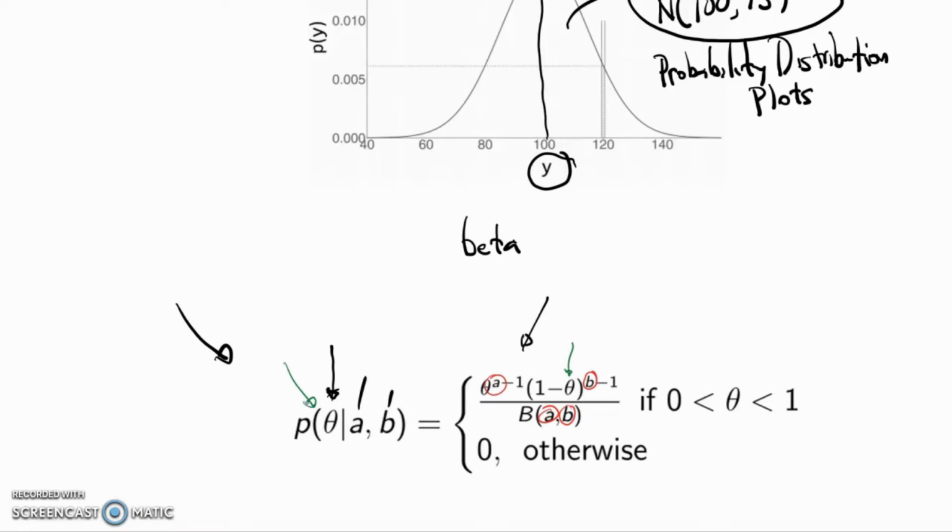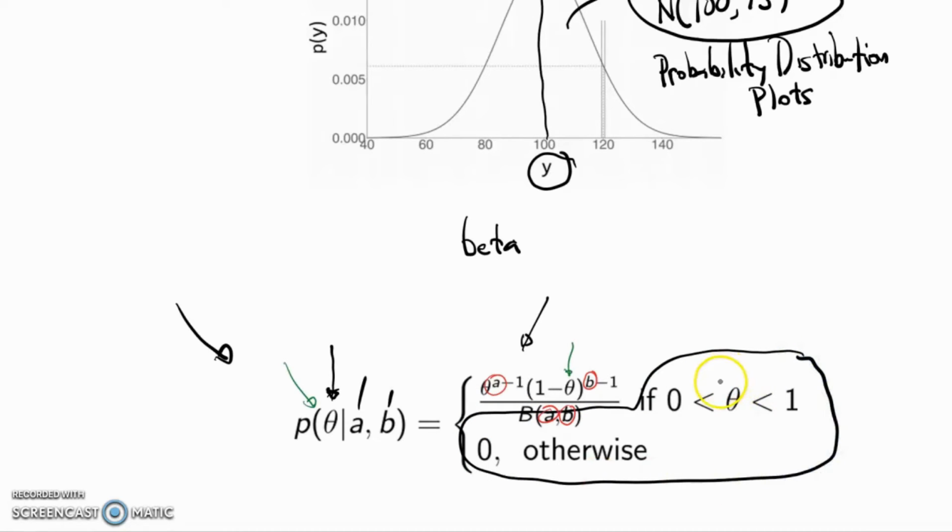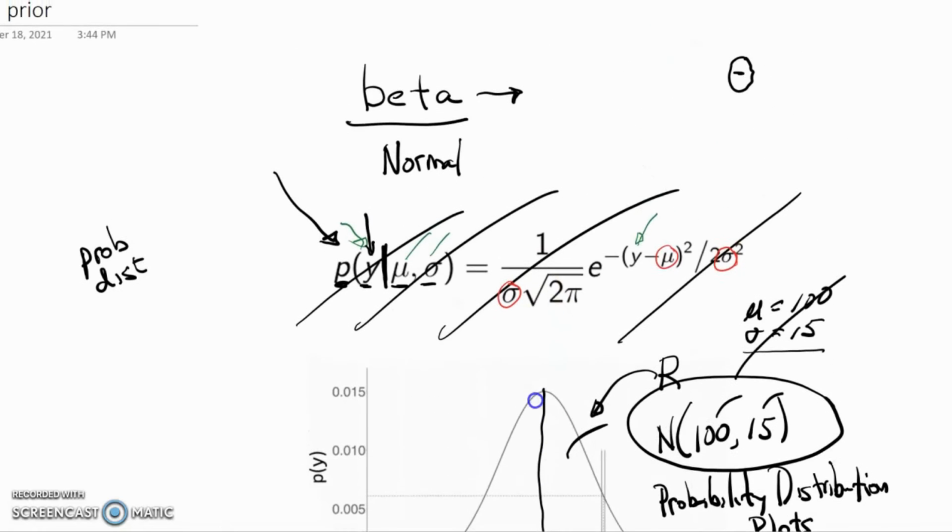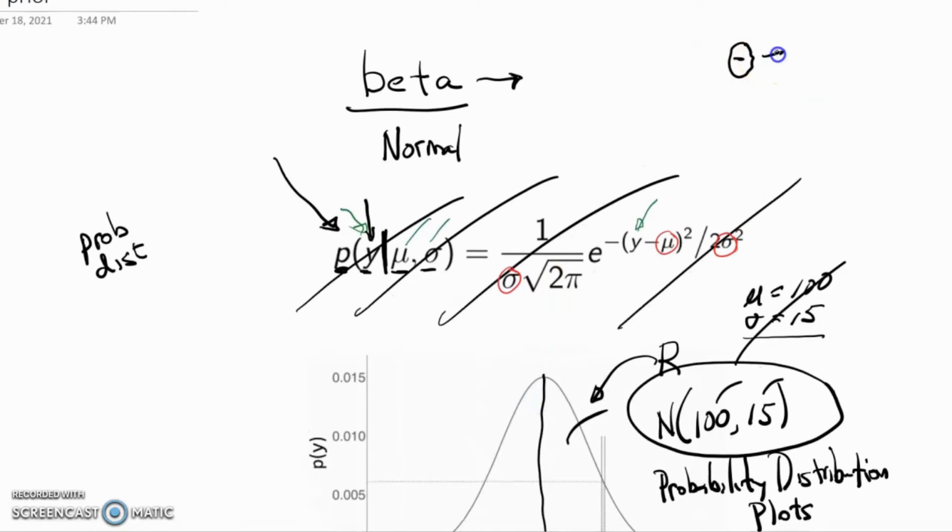A few things to note about this beta distribution: this part here tells you that the parameter theta can only go between 0 and 1. That makes sense, because theta is ultimately the parameter in a binomial or a Bernoulli distribution.